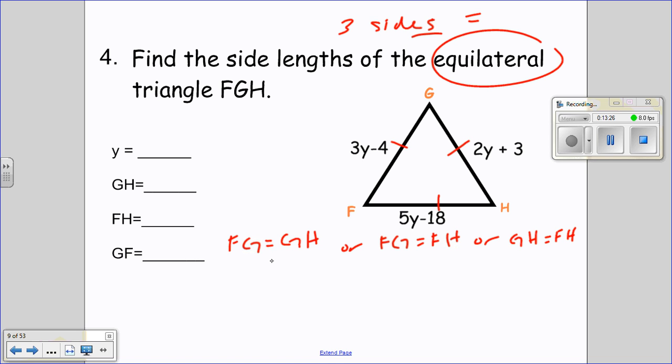So it really doesn't matter which two you decide to use. Y should be the same answer no matter what. So you can finish that by finding Y using either one of those three equations. And then once you know what Y is, replace Y in one of the sides to figure out the measurement. So finish this example on your own. And again, make sure you take a picture.